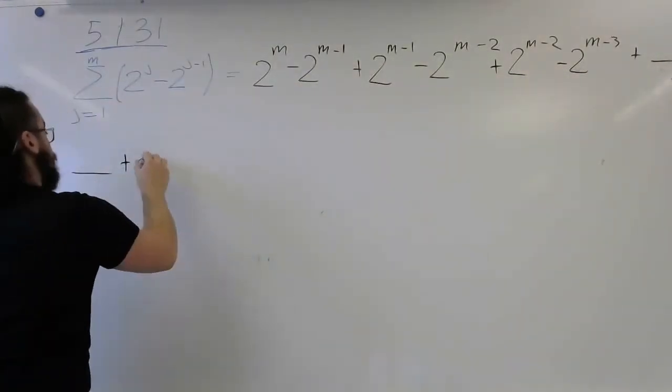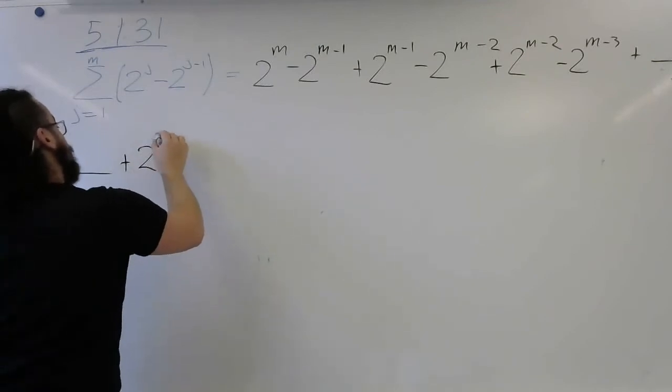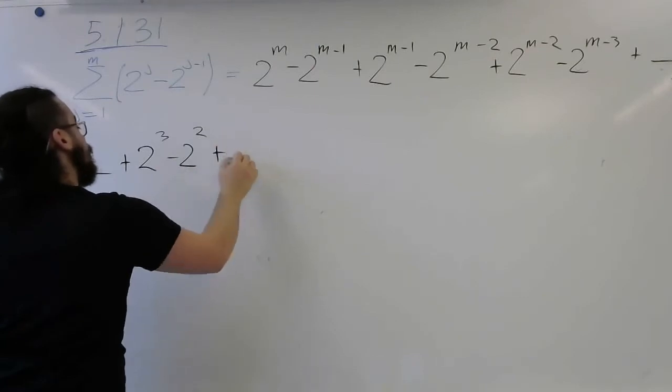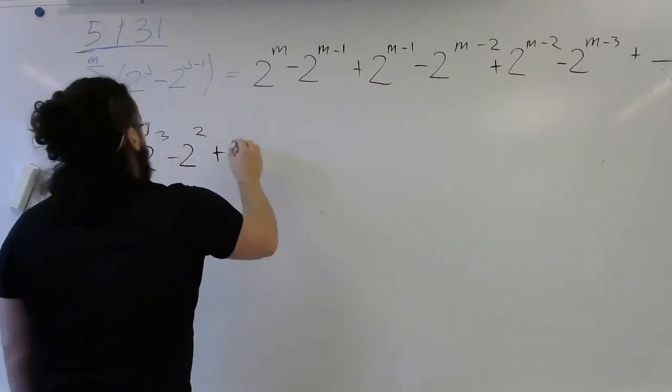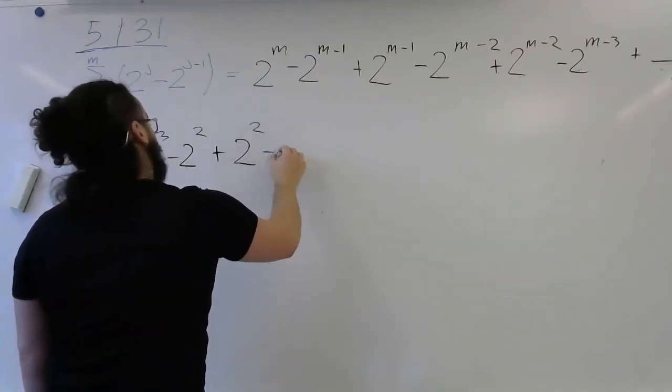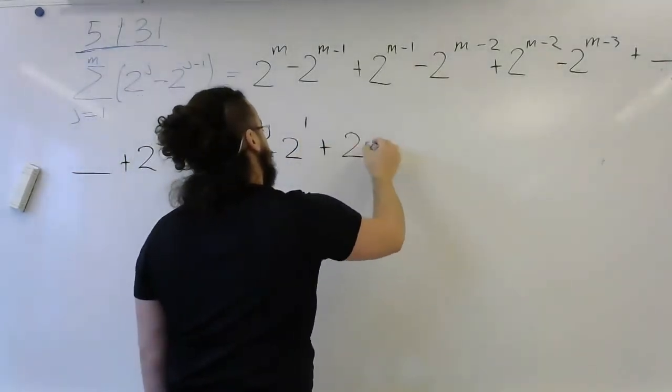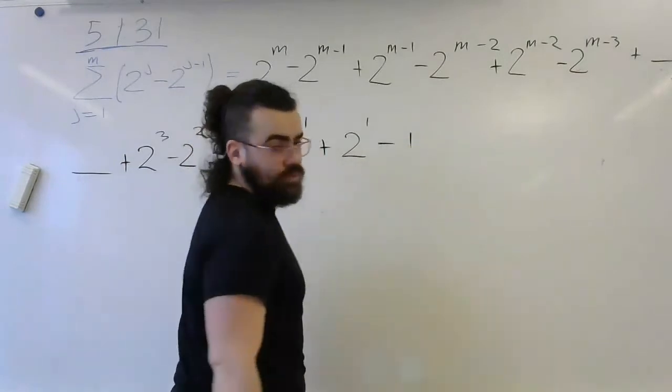Now we're going for the second to last term, 2 cubed minus 2 squared. Second term, 2 squared minus 2 in power 1. And finally, for the last term, we have 2 in power 1 minus 1.